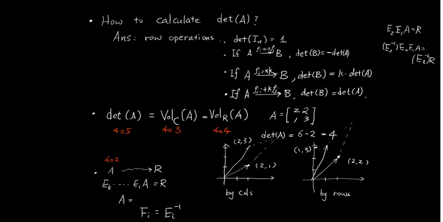So the thing is that E2 will be closest to R because it will apply E2 first. So in the end, we get E1A is equal to E2 inverse R. And then you can apply the same thing again. And this part becomes identity.